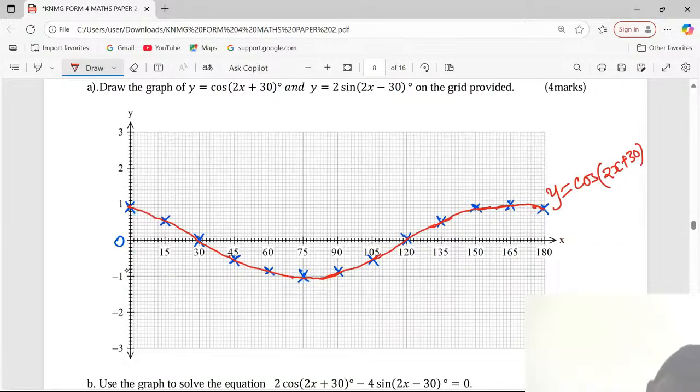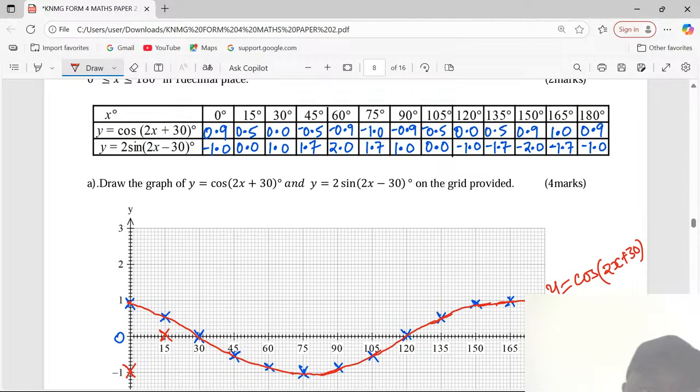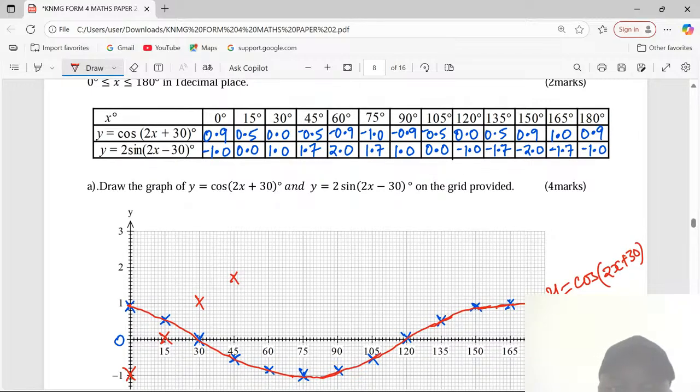So 0 goes with negative 1, that is the coordinate. 15 goes with 0.0. 30 goes with 1.0. 45 goes with 1.7. 60 goes with 2.0. 75 goes with 1.7. 90 goes with 1.0, which is here.